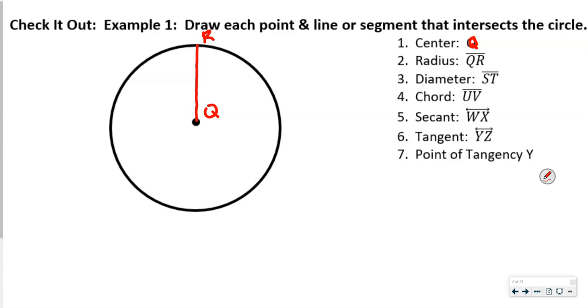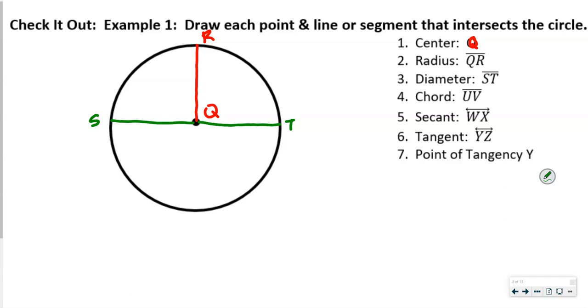Now then we're going to draw a diameter, okay? So I'm just going to go straight from the center over here, from the center to over there, because now I'm going through the center, and this is going to be my ST. That's a diameter. So it's basically a straight line through the center of the circle, okay? And now we got a chord, UV.